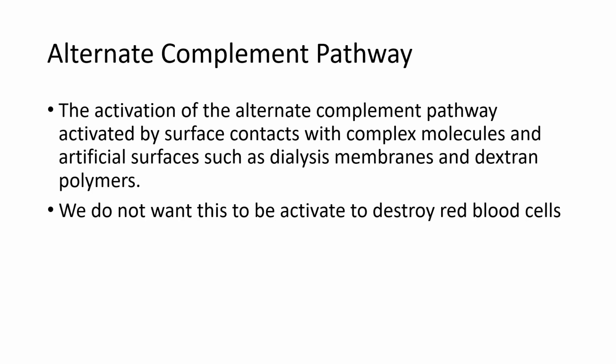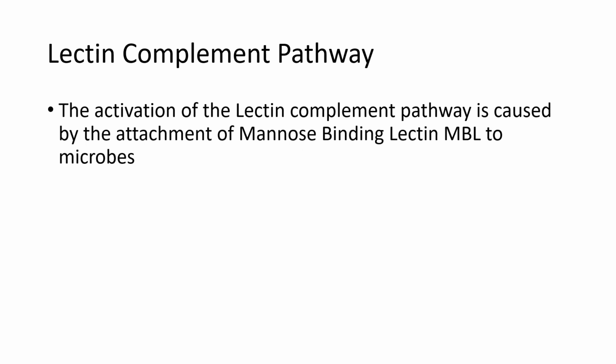The alternate complement pathway is activated by surface contact with complex molecules and artificial surfaces such as dialysis membranes and dextran polymers. We do not want this to be activated to destroy red blood cells. The lectin complement pathway is activated by attachment of mannose binding lectin to microbes.